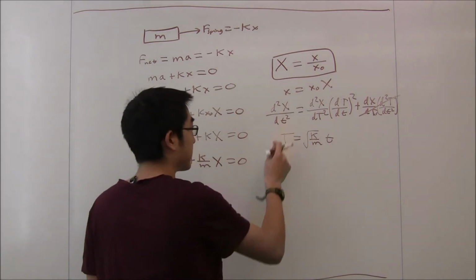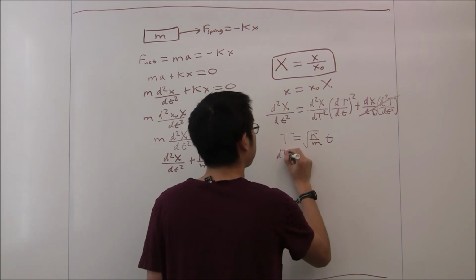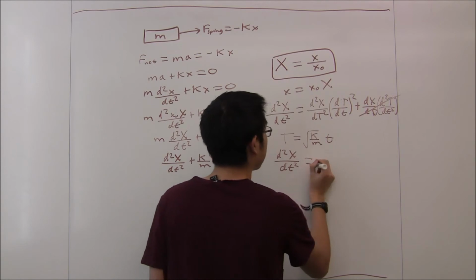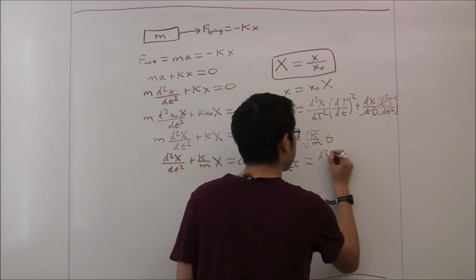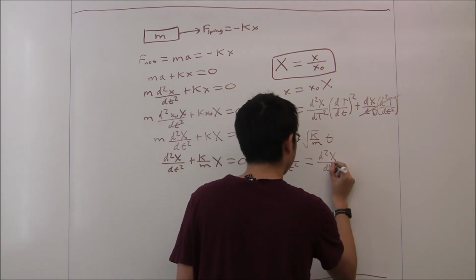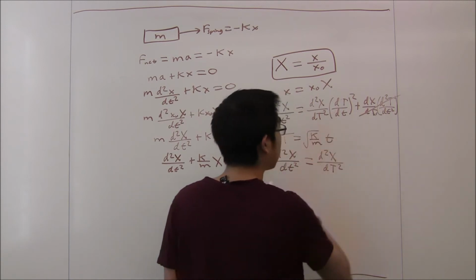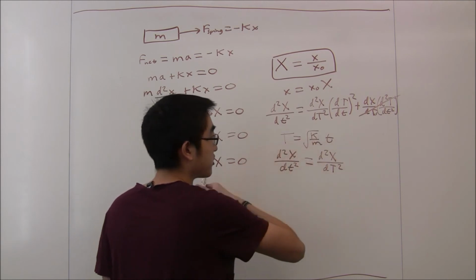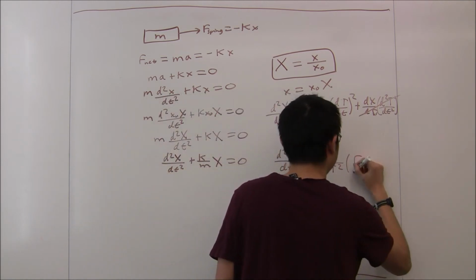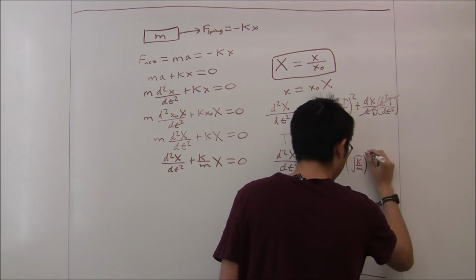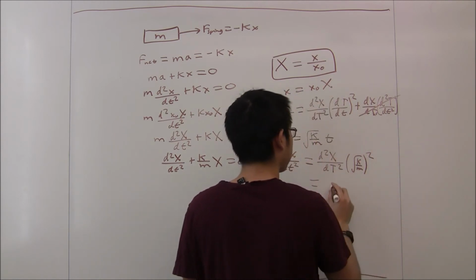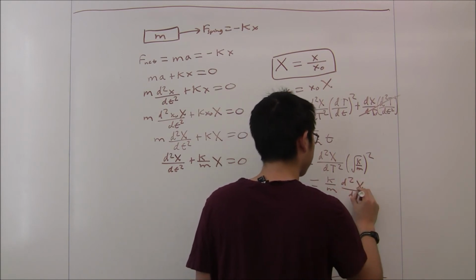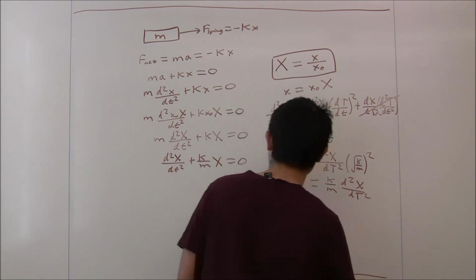So now, if we plug that in, we have that d squared X over dt squared, little t squared, is equal to d squared X over d big T squared times the first derivative of big T with respect to little t, which is just the square root of k over m all squared. And that is equal to k over m times d squared X over d big T squared.